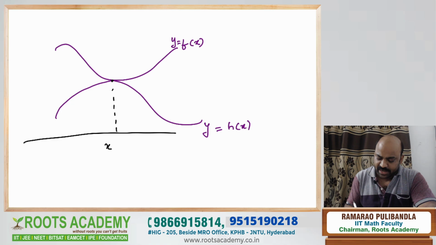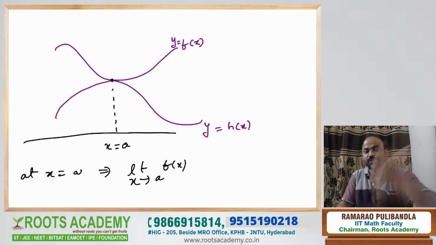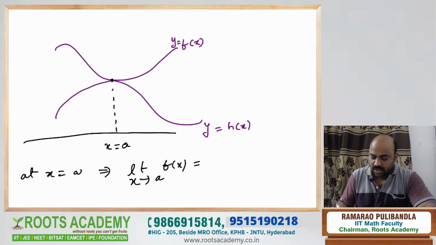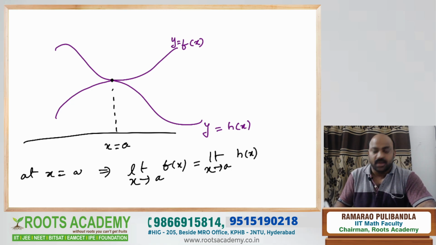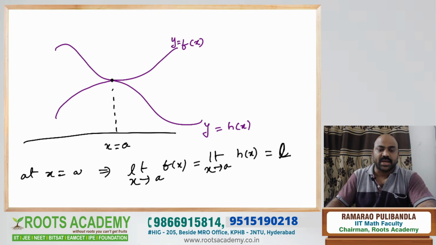For example, at x equal to a, the limiting value of f of x, the above function, is equal to the limiting value of h of x, the below function. Both are equal to, assume, L. Are you able to follow me? Both are equal to L.